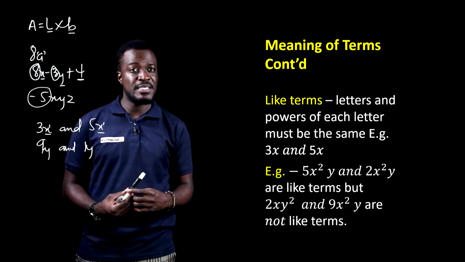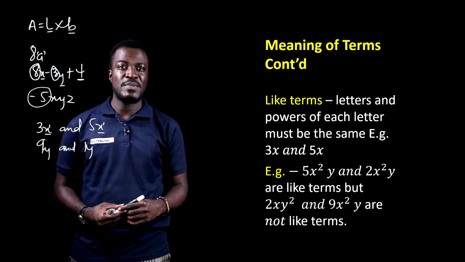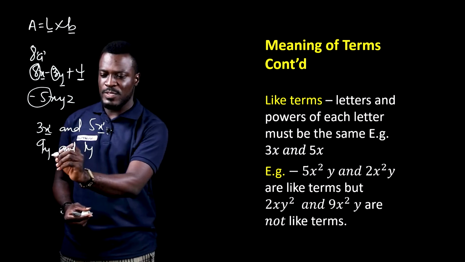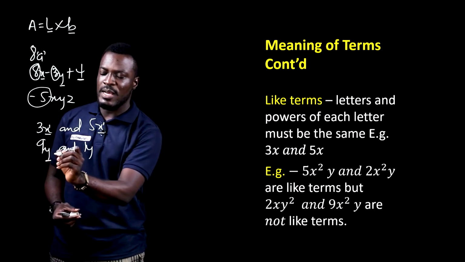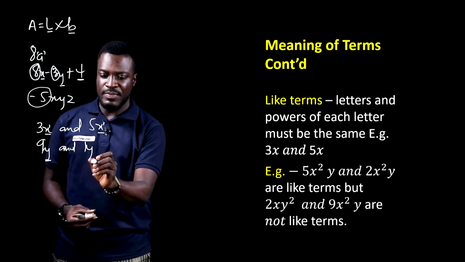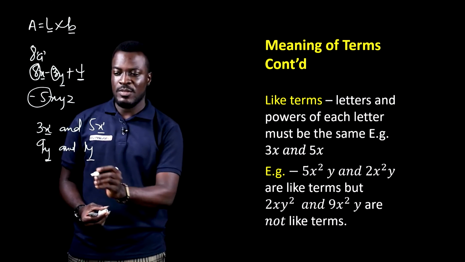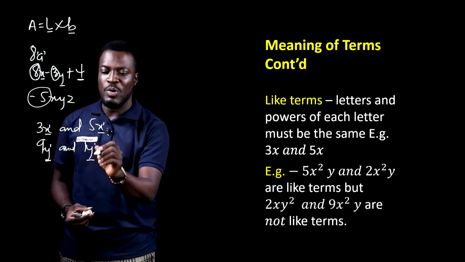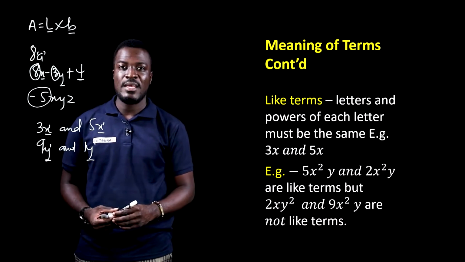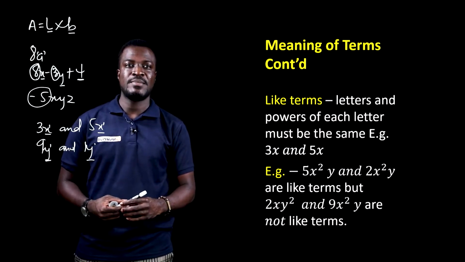So the variables must be the same. And then we said the powers must also be the same. So this one has the letter y attached to it, or the variable is y. And this is also y. And then they all have the exponents to be what? 1. So 9y and y are like terms.